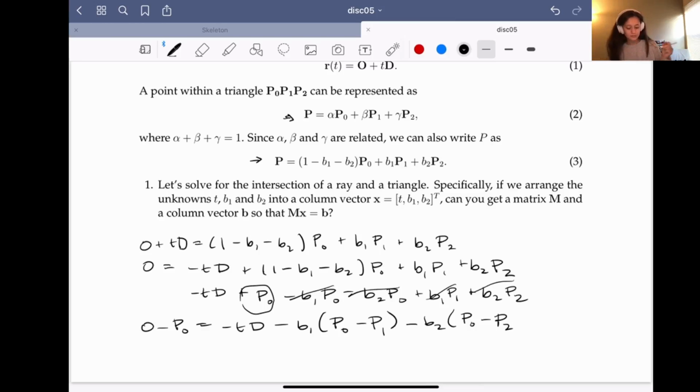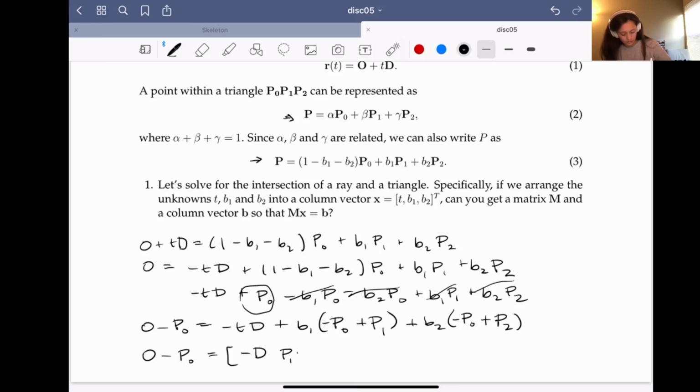Okay. And now we can just write this in matrix form. So we have minus d. Let's just swap these here to make the math a little bit easier.